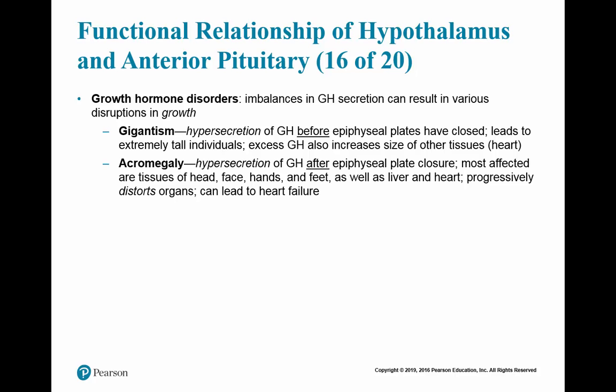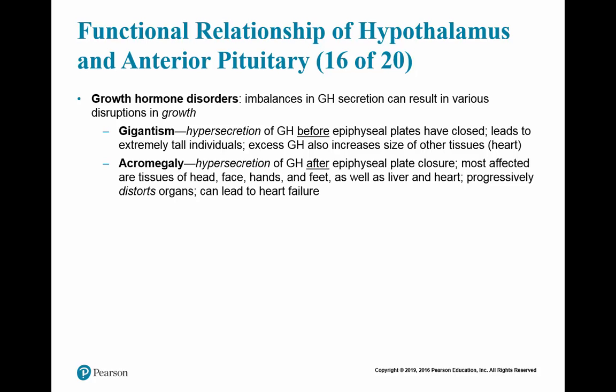Now, some of the disorders of growth hormone, you can have gigantism, where you have hypersecretion of growth hormone. If it happens before the epiphyseal plates close, you're usually extremely tall, and your heart and other tissues are larger.